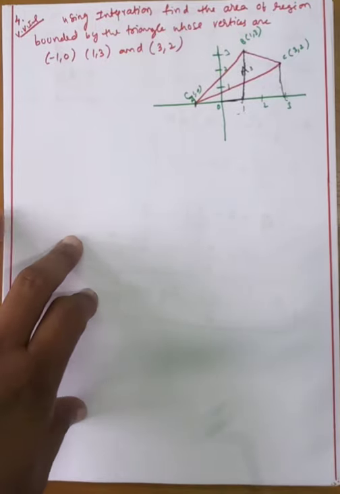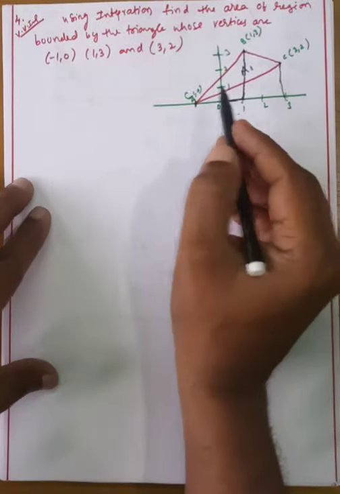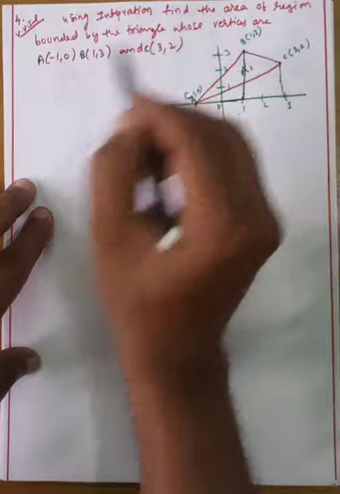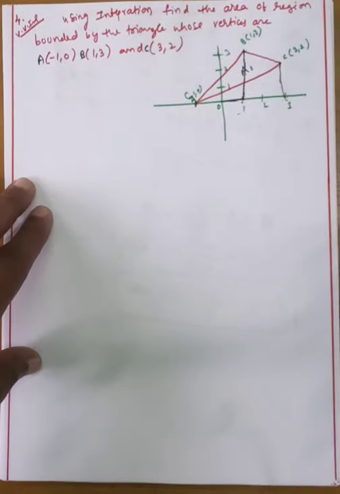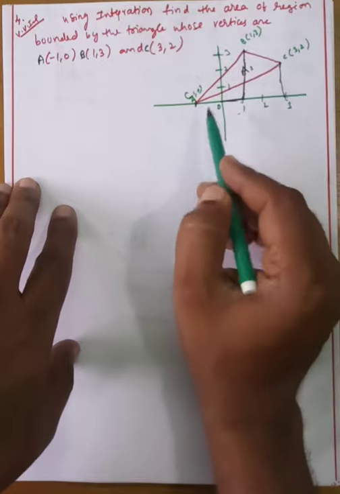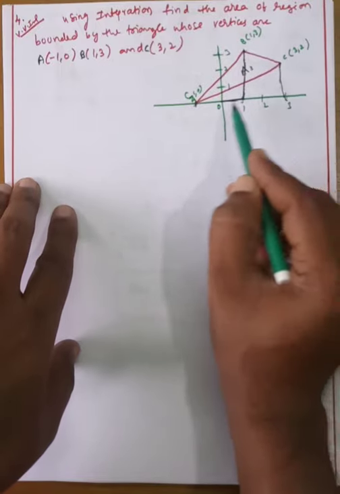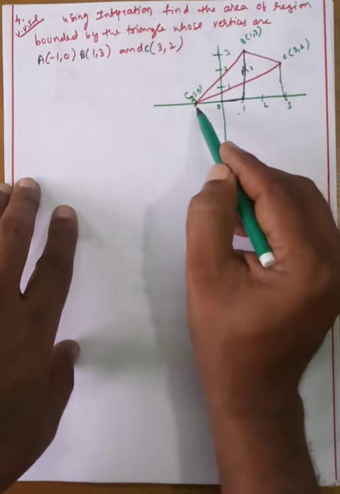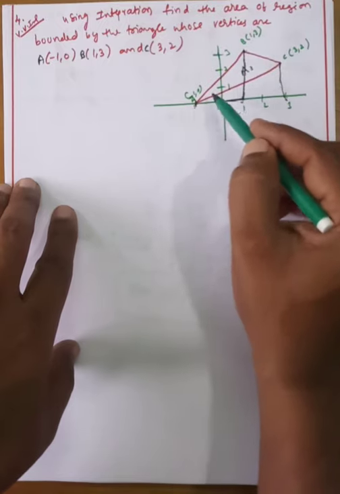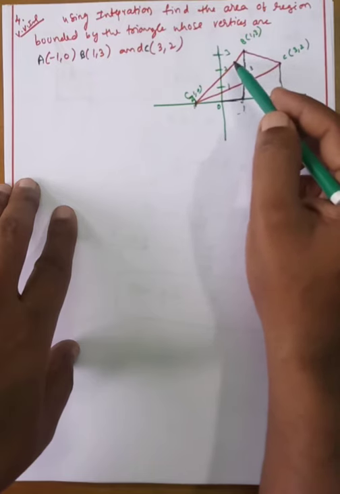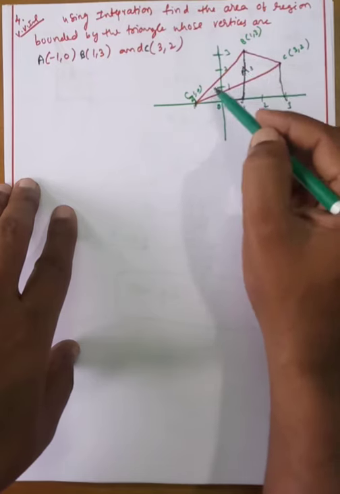Now first find the equation of AB. How to find the equation? Here this is A, this is B, this is C. I hope you understood or not. Here first we will find the area from -1 to 3. First here x is equal to 1, -1 to 1, this is the line. What happened? -1 to 1.